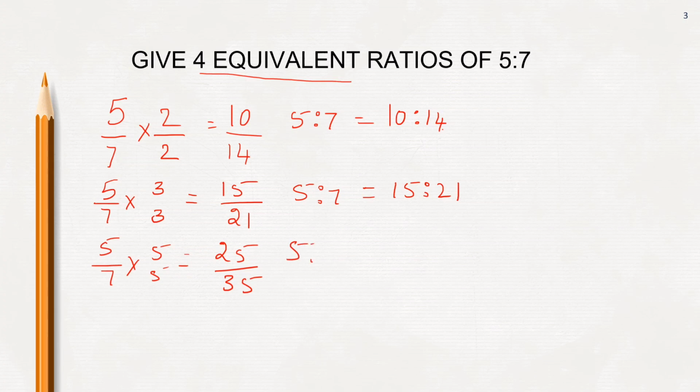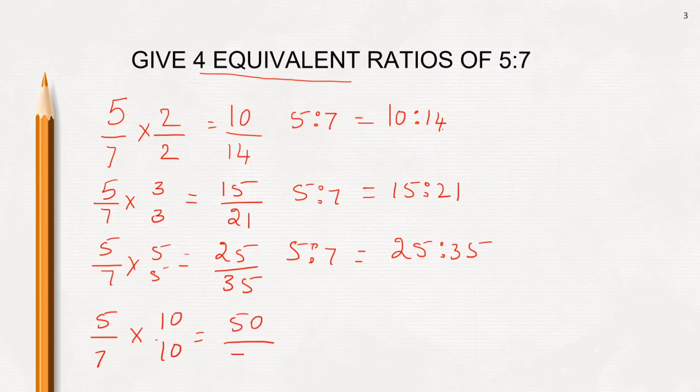So the equivalent ratio is 25:35. Next, one more: multiply by 10. 5 10 times is 50 and 7 10 times is 70. So 5:7 equals 50:70.